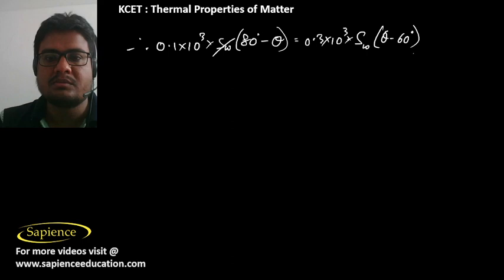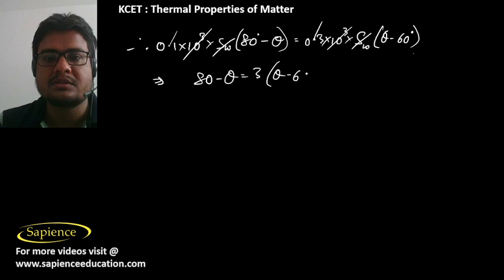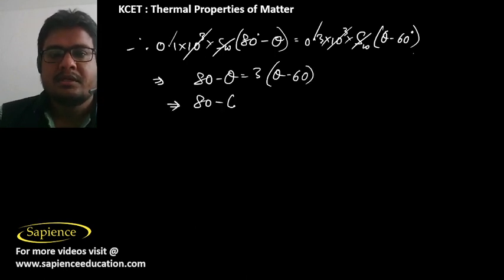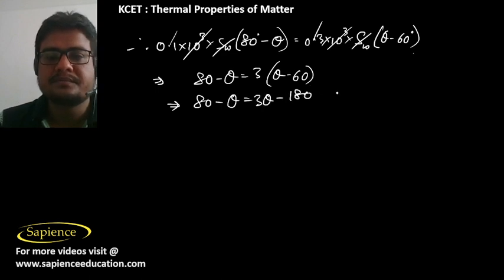SW cancels, 10 power 3 cancels, and 0.1 cancels. So 80 minus theta equals 3 theta minus 180.